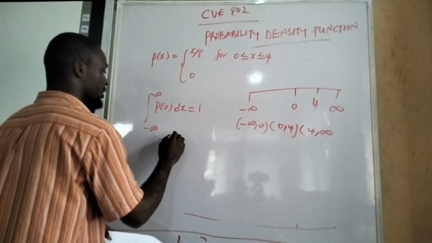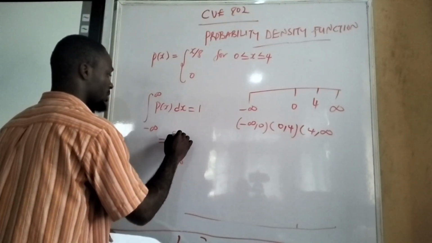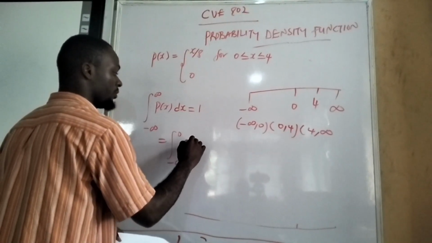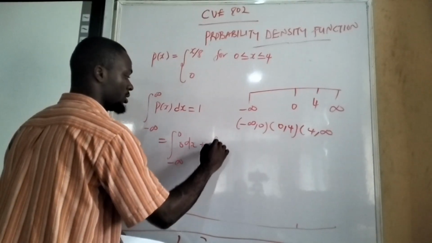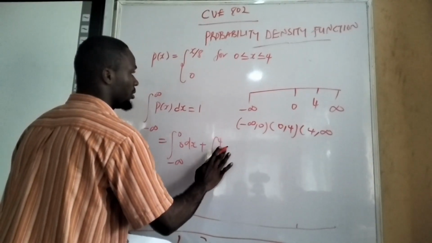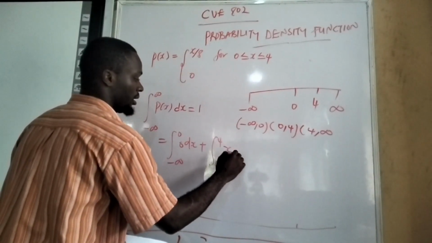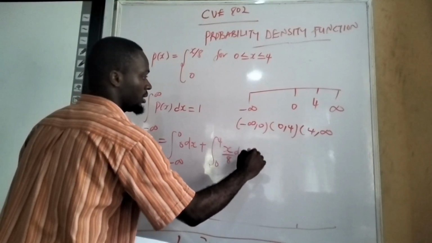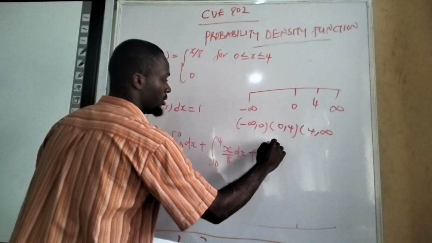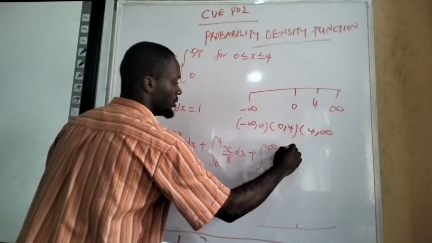You will now have the integral from negative infinity to 0 of 0 dx, plus from 0 to 4 dx, plus from 4 to infinity of 0.